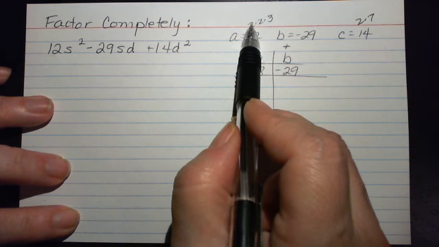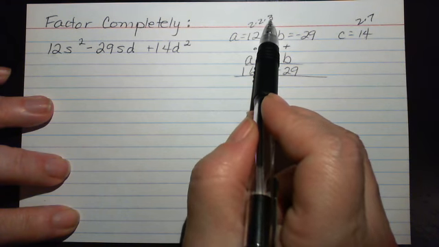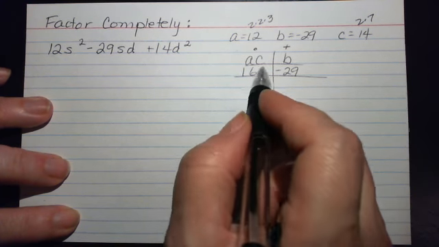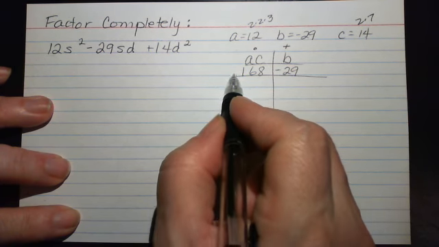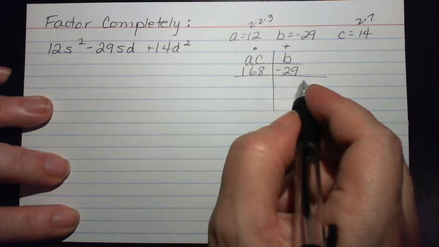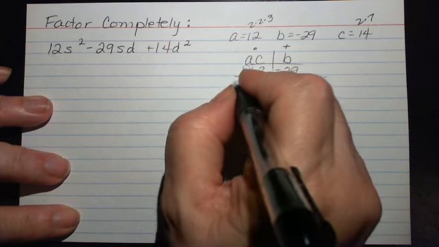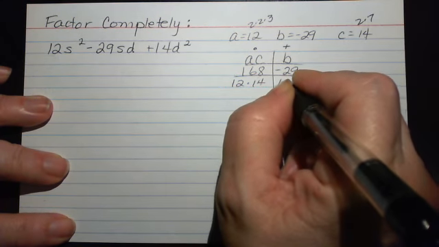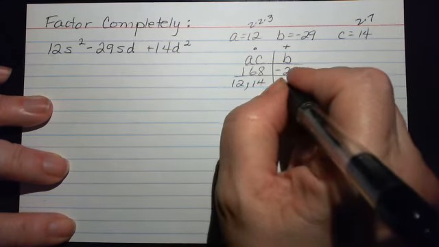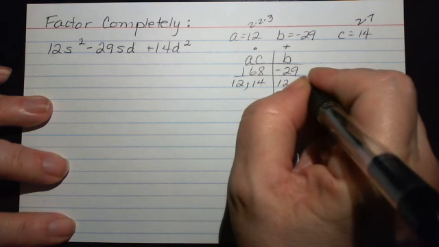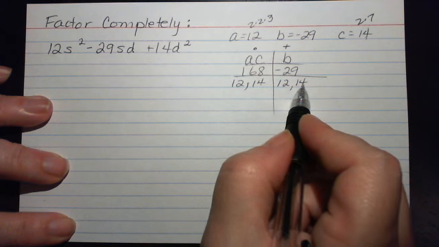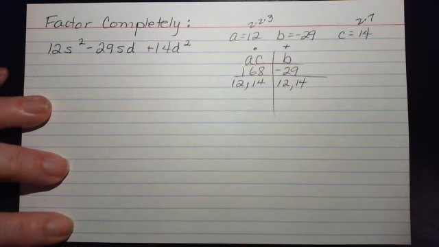Well, we don't think 12 and 14 would work. 12 times 14 works, but 12 plus 14 adds to 26, not 29.